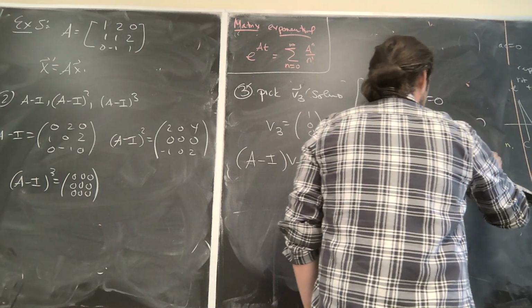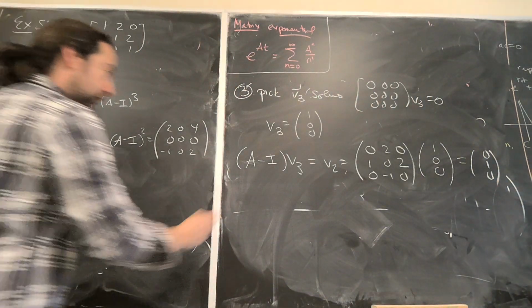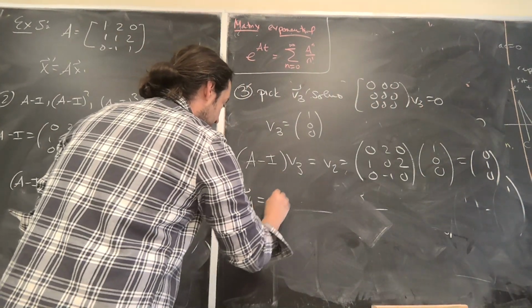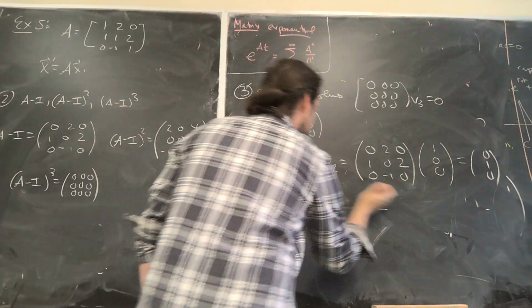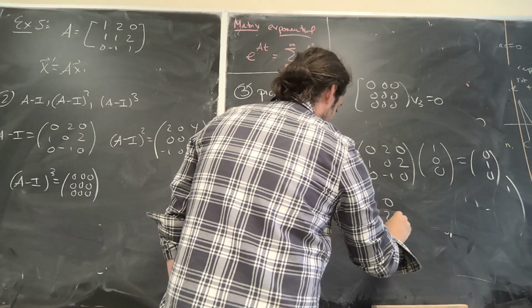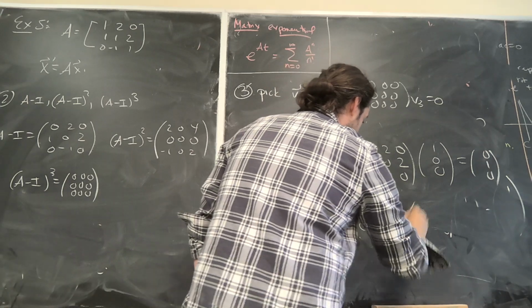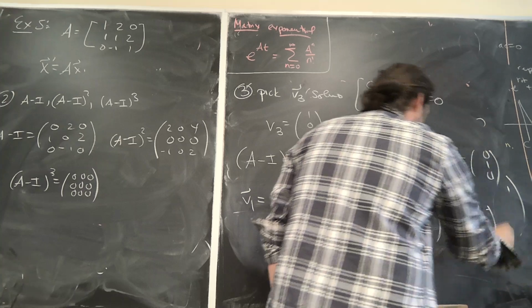And that gets you the vector 0, 1, 0. There's your v2. And then finally, v1 is equal to A minus I times v2, which is 0, 2, 0, 1, 0, 2, 0, minus 1, 0 times 0, 1, 0, which is 2, 0, negative 1.